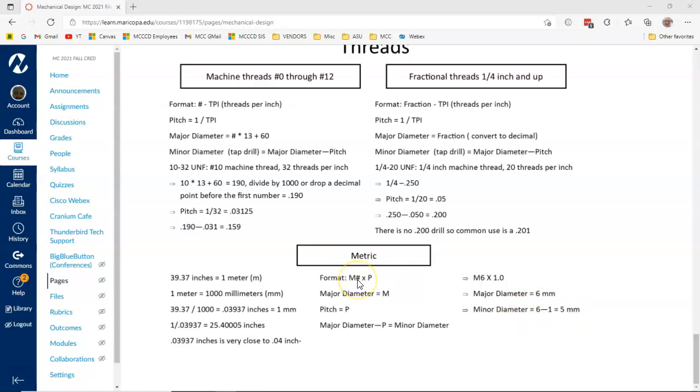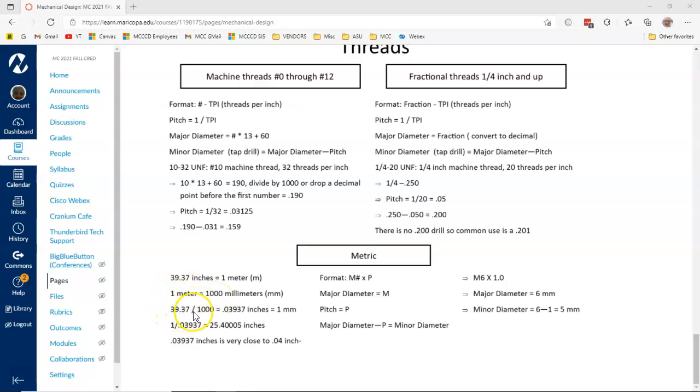To do the conversion over to inch, so that we can relate, or in our machining, if we need to determine the feeds and speeds for a threading operation, then I would use the formulas. So the one I like is there are 39.37 inches in a meter, and 1 meter equals 1,000 millimeters.